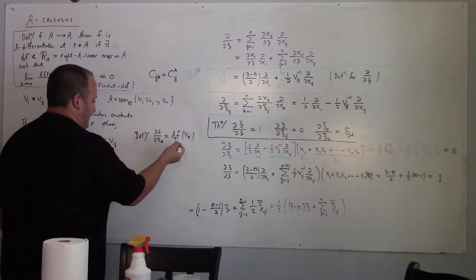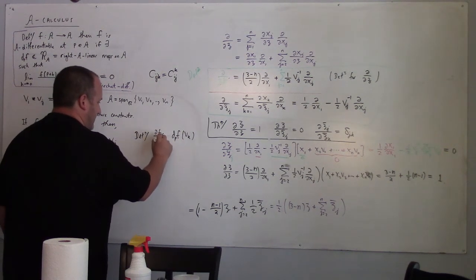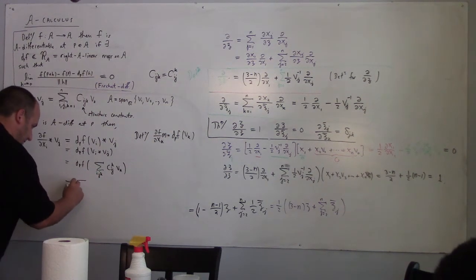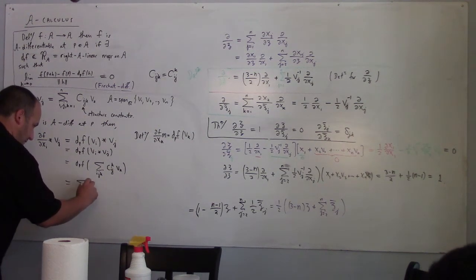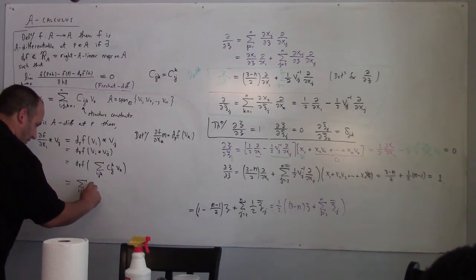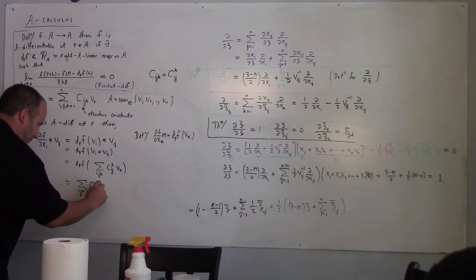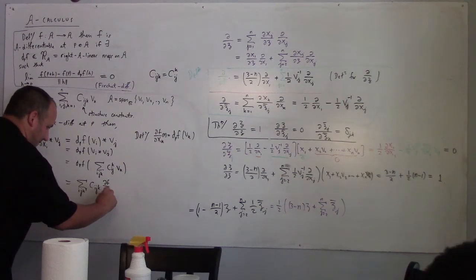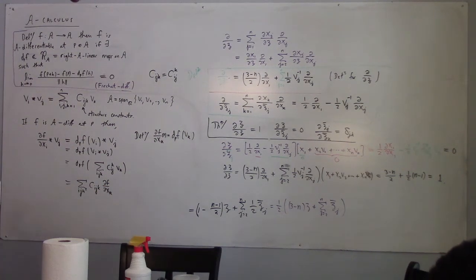This is at p, technically. So there you go: the sum over ijk of c, I'll write the k down because I want to be different, and annoying, partial f, partial xk. And that was item numero uno in theorem 6.5.